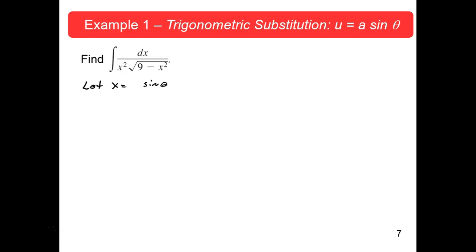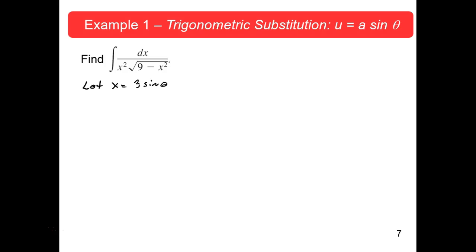But we need some coefficient. Any guesses? When this was written before, this was written as a squared. So write the a. What would be the a? 3. There's your substitution.